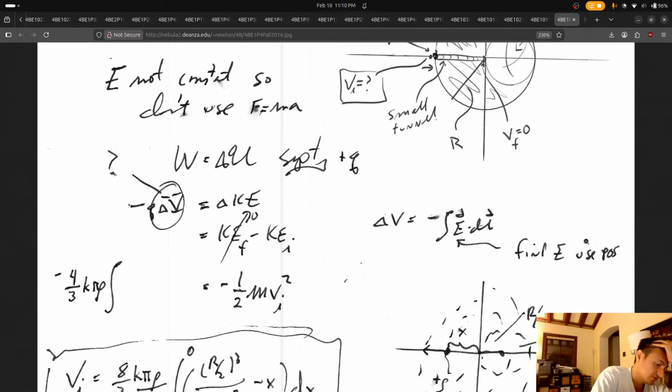This is going to be rho times 4/3 pi plus A. And then this is R hat.